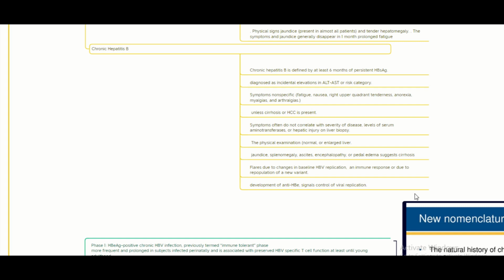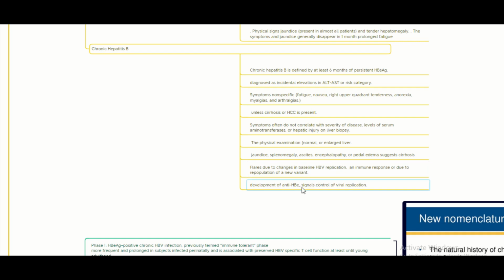And this can be triggered by any life stress or physical stress. When we have high HBe antigen, this indicates that we are having a change in baseline replication. And when we have anti-HBe, this means that we are having control. These are important hallmarks of chronic hepatitis B.